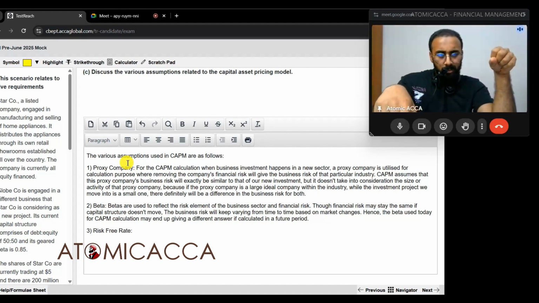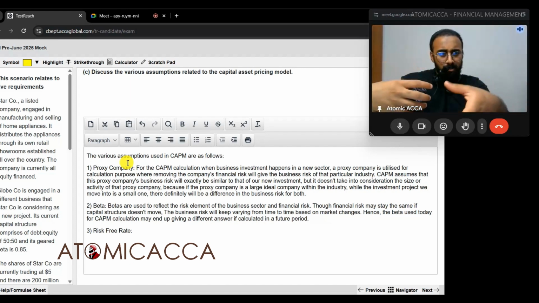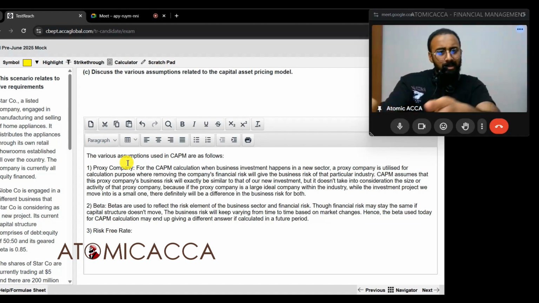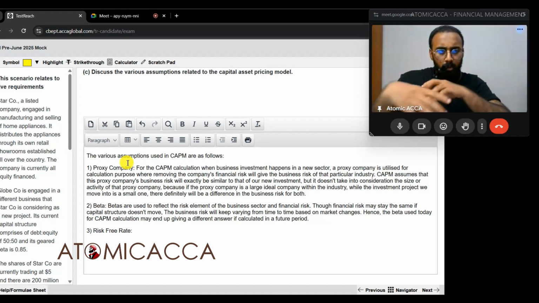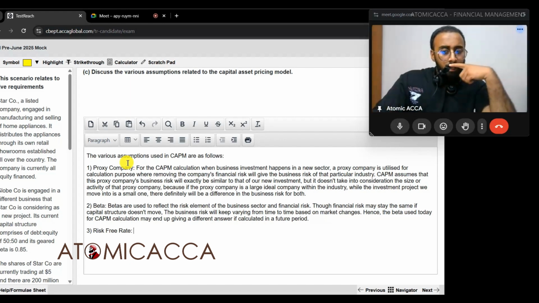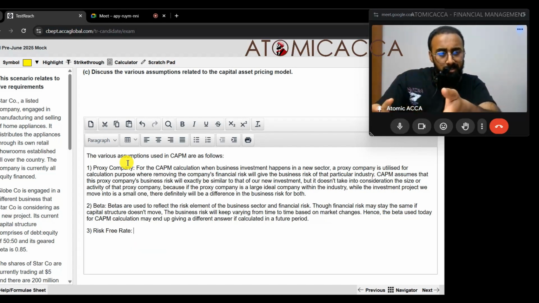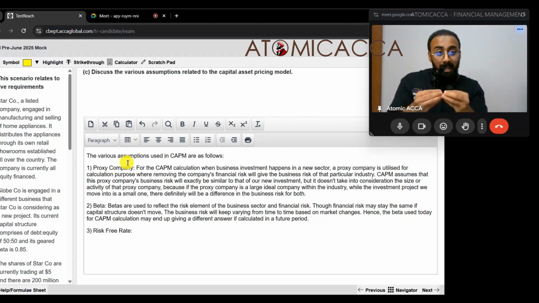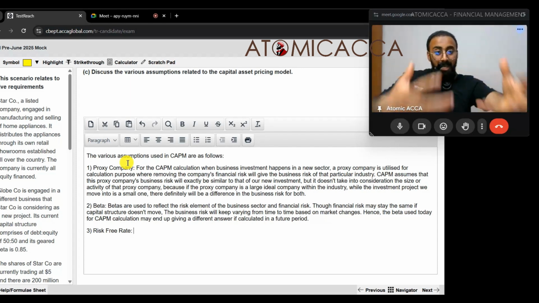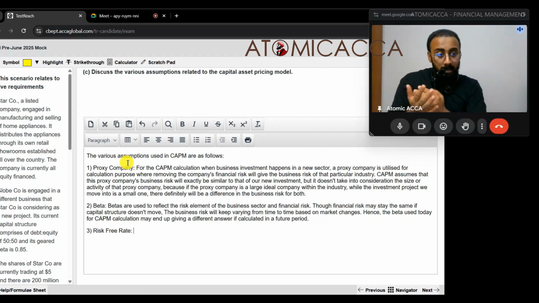That is also one assumption of the CAPM model that maybe we can write as the next point. Connecting to this capital market, the concept behind the risk-free rate being used in this calculation is that CAPM assumes, because there's a capital market existing, every investor can invest and borrow at the risk-free rate.